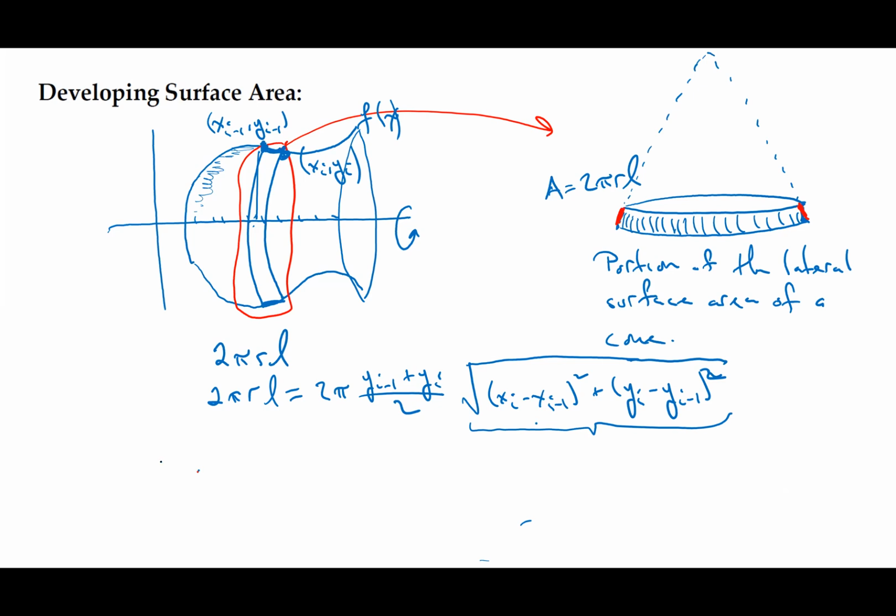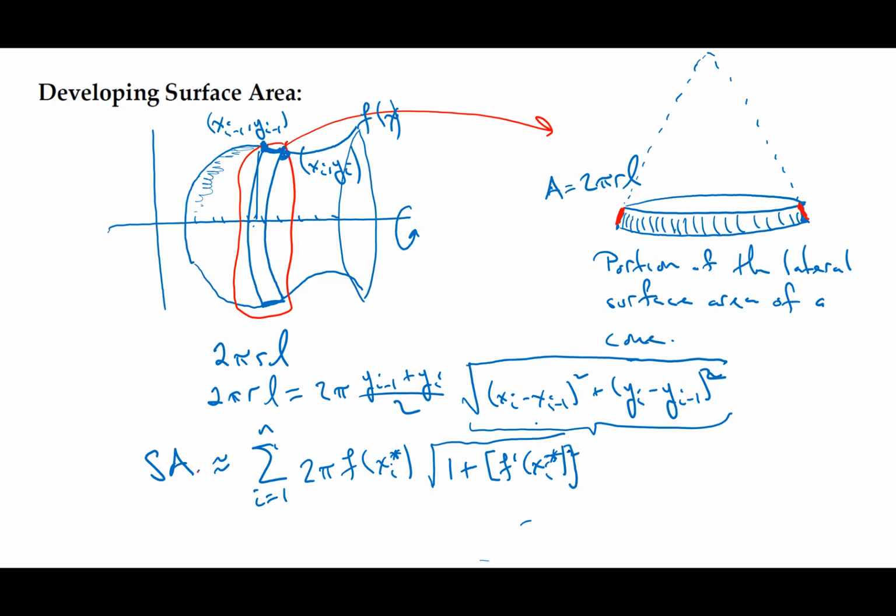So if I want the actual surface area, then I can sum these, taking some sample point. And then this square root we should recognize as being something that we've also seen, namely, in our derivation of arc length.